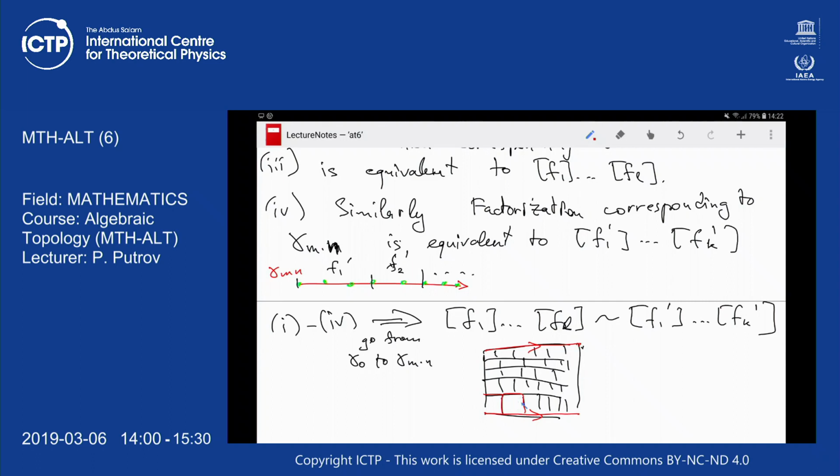In each step everything is simple because each small square is mapped to a single A alpha. So everything is controlled here.